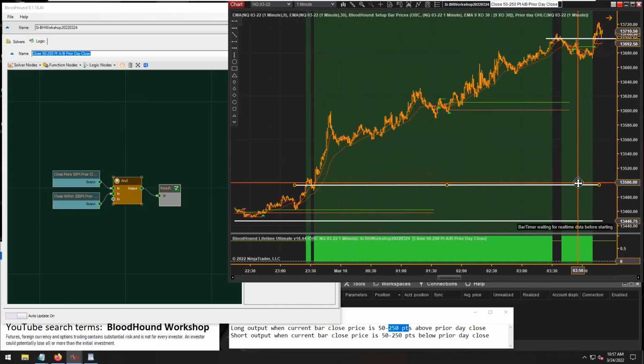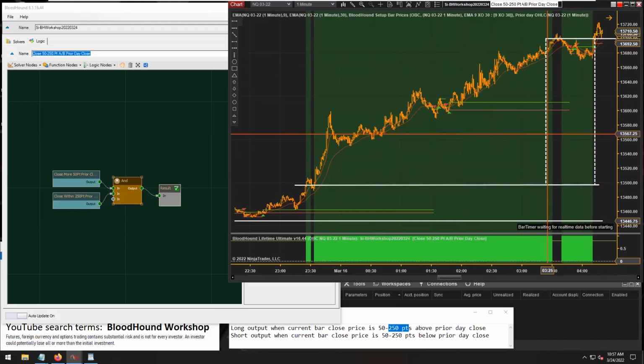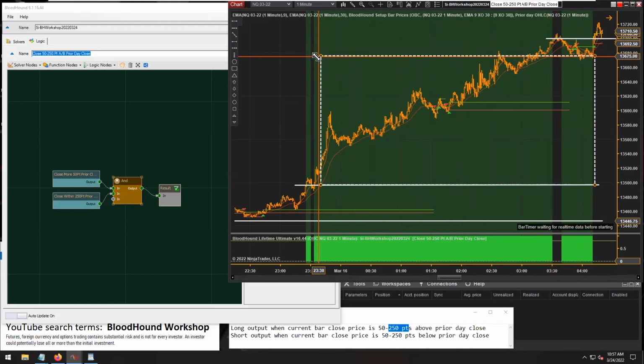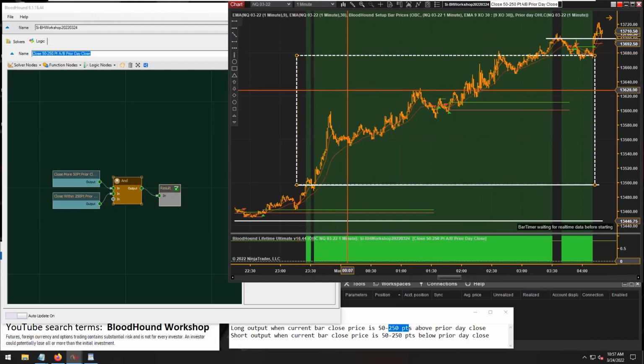So there's roughly our range right there. Yeah, so this is the basics of how you would define a range.